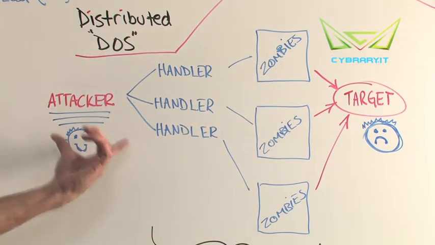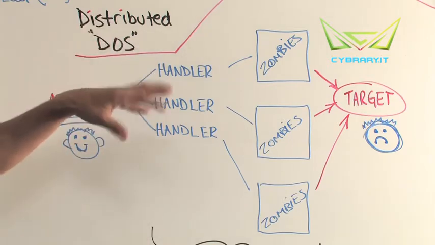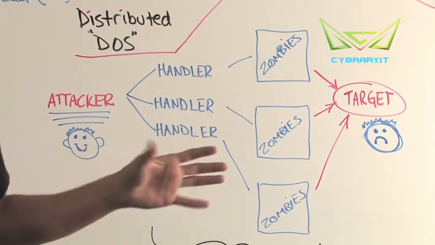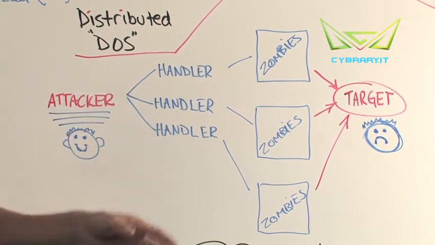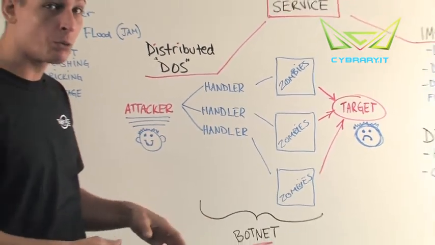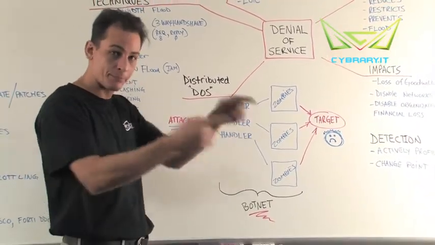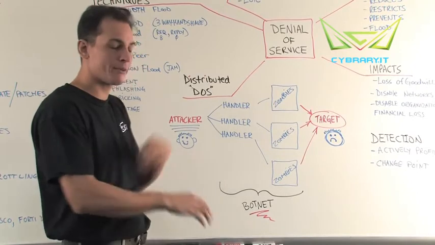The sole job of the attacker is to get a handful of handlers, which will then create as many zombies out there as we possibly can get. The more the merrier. This is where you really want to invite ten million of your closest friends to go attack a particular target, through whatever technique.